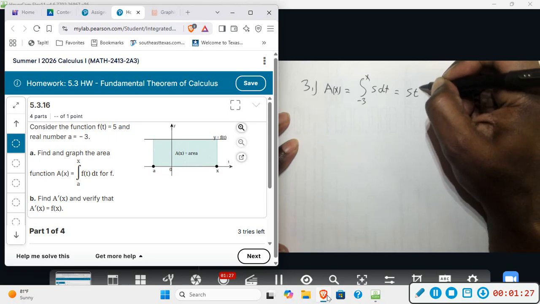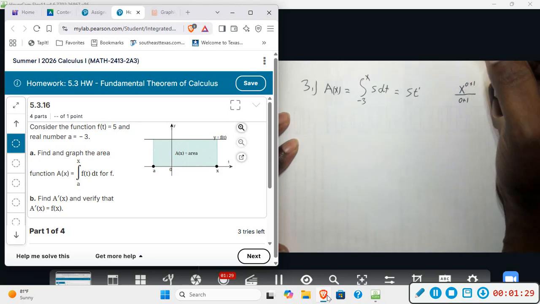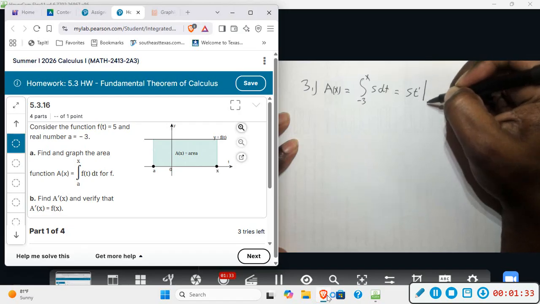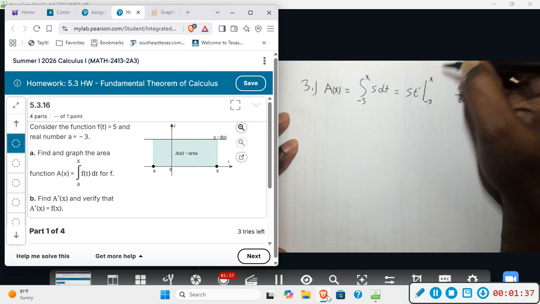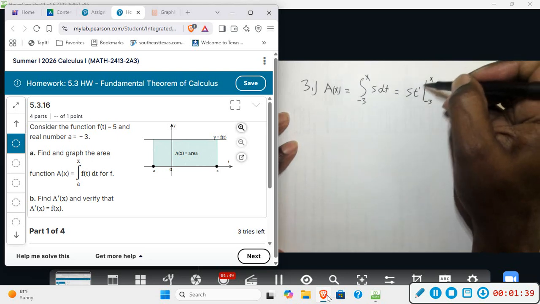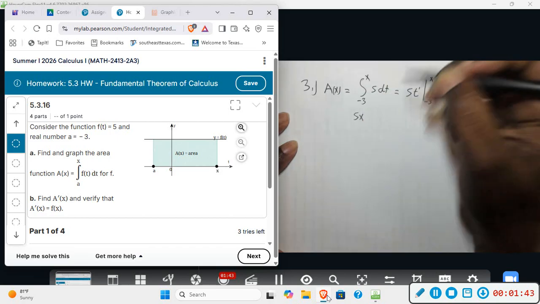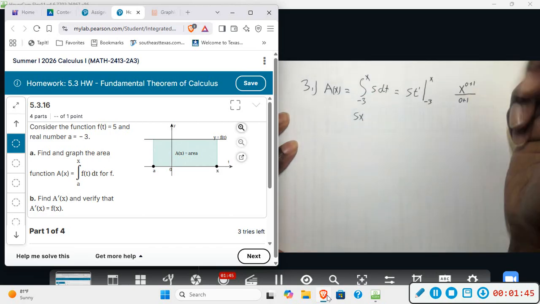5t to the first power now because it was 0. And then we're going to evaluate this from -3 to x. The way this works, you plug in the upper limit, 5x. Now I'm leaving off the plus c because they're going to cancel out.